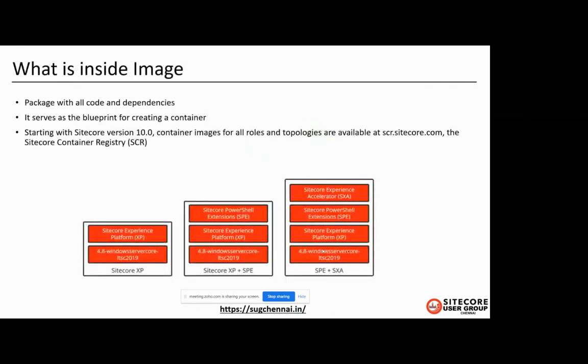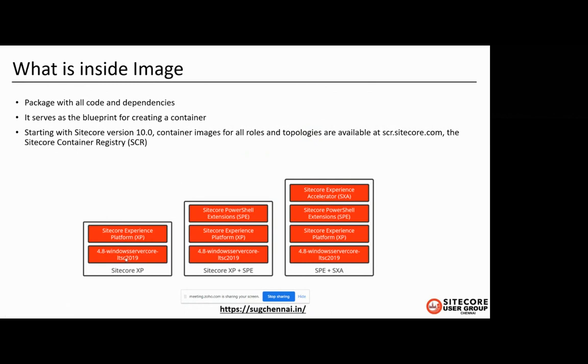Images themselves are built on the concept of layers. Each layer is building upon the layer below it. This concept makes it very simple to customize the existing images to build your own custom functionality. If you look at the image, you can see the Sitecore Experience Platform image is built on top of the .NET Framework 4.8 Windows Server Core Long-Term Servicing Channel 2019 image.